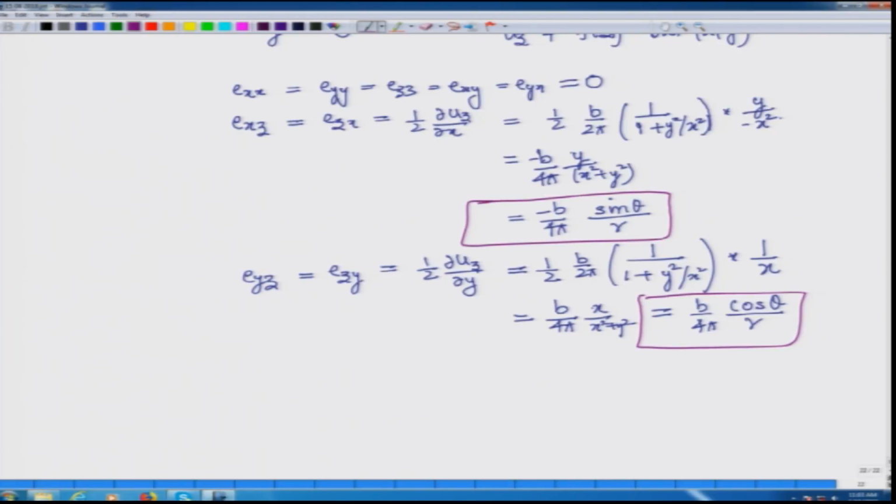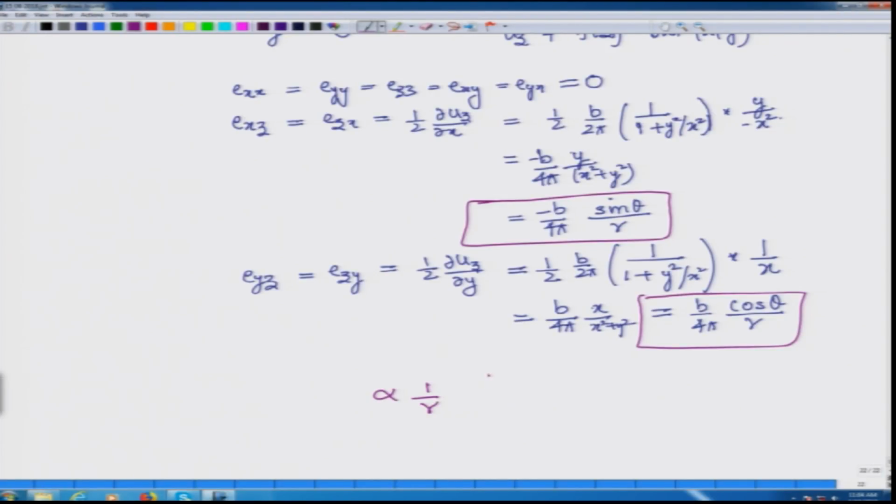Now, what do we see? What are the important things that we can deduce from here? One that you will see is that both Exz and Eyz, meaning the shear strain xz and the shear strain yz, are proportional to 1 over r. What is the meaning of this proportionality with respect to 1 over r?